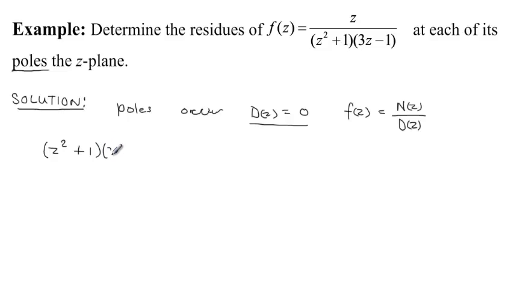multiplied by 3z minus 1. Setting this equal to 0 and solving this equation, we'll be able to identify our poles.